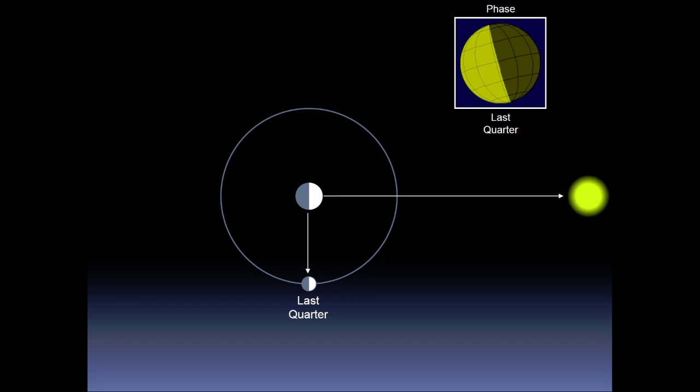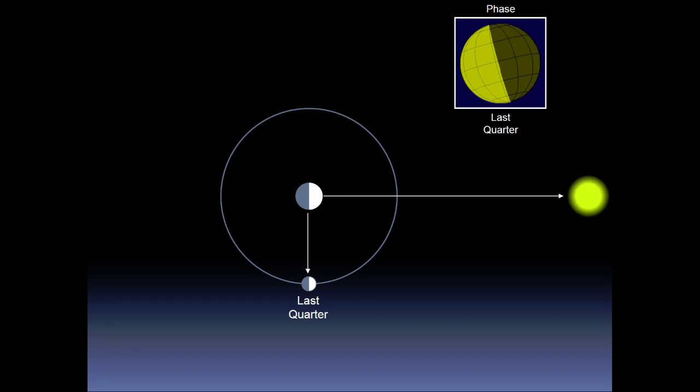So you can get a time of day. For instance, I'll give you this one: the last quarter rises at midnight. So if you see a quarter moon on the eastern horizon, then it's about midnight.